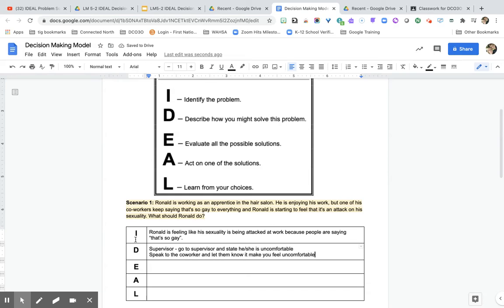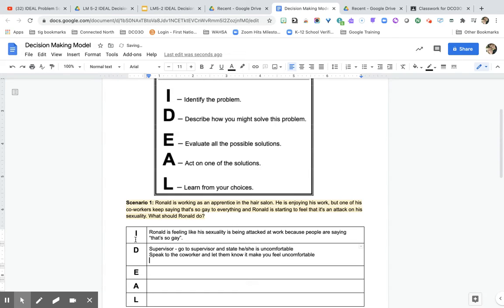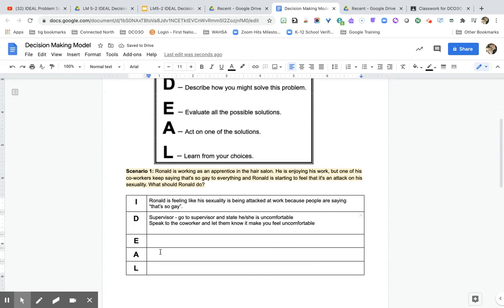And then another thing you could do is ignore it and pretend it didn't happen. Okay, let's just go with those 3 things.